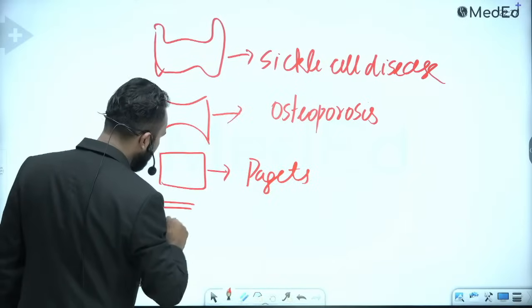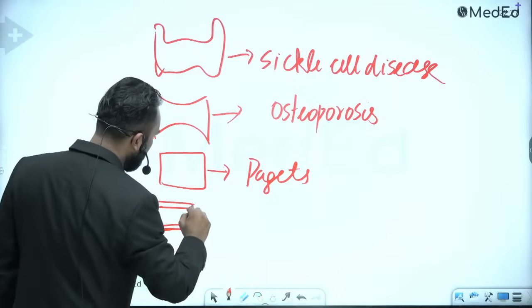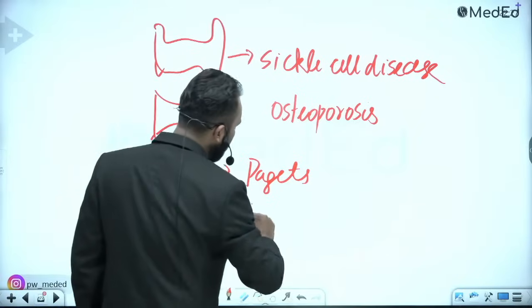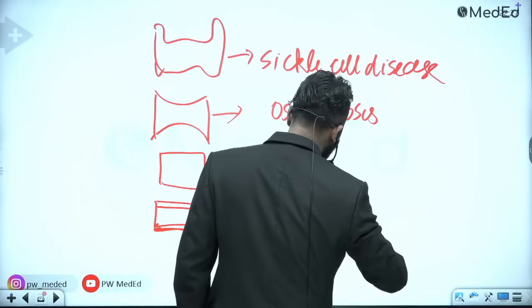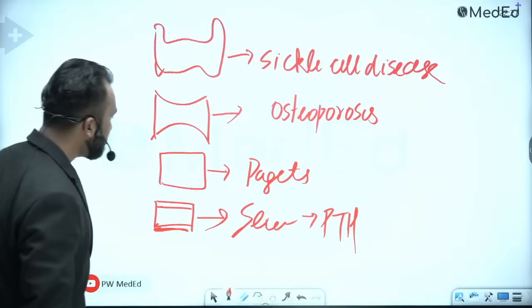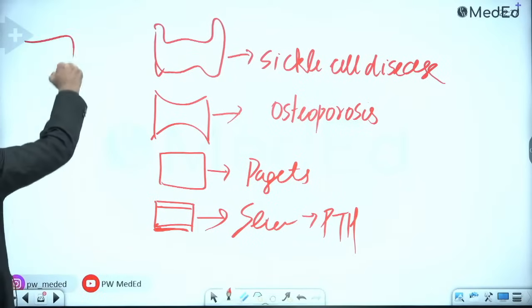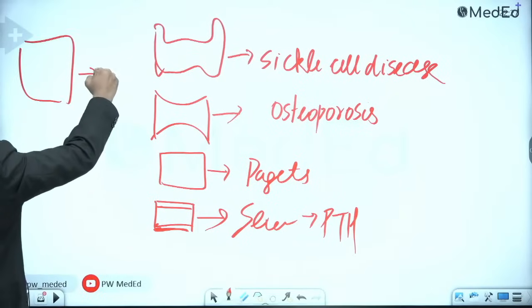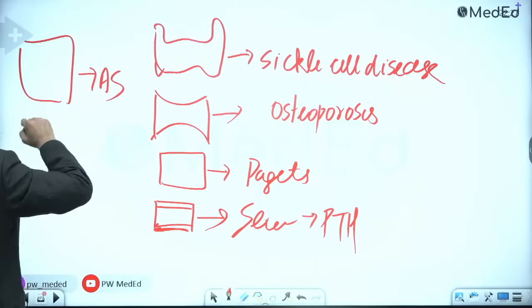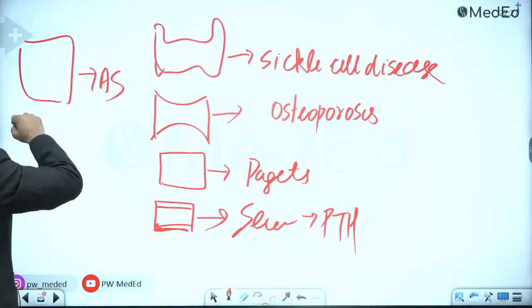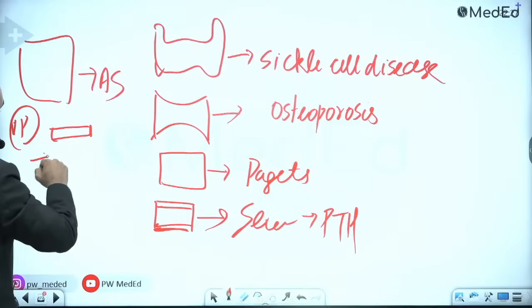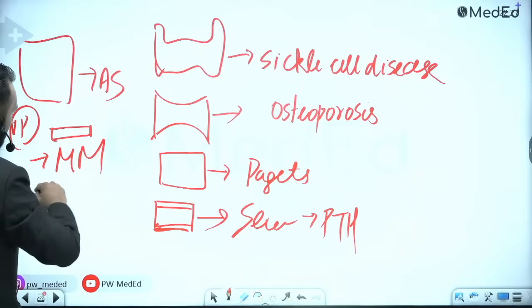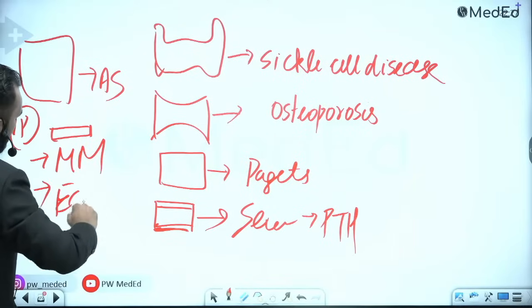Rugger jersey spine, secondary hyperparathyroidism. Okay. Barrel shaped vertebra, we have discussed, ankylosing spondylitis. Then vertebra plana. Silver coin appearance of the vertebra is seen in multiple myeloma and eosinophilic granuloma.